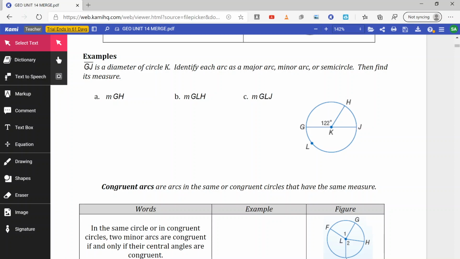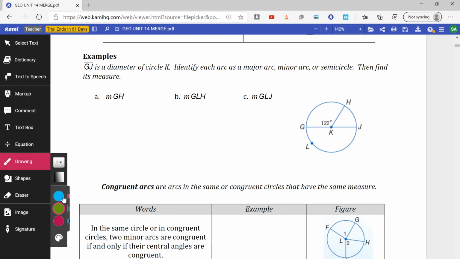There's no extra notation, so that means we have to find the measure of the arc from G to H. Fortunately for us, they gave us the angle measure of GKH, which is the same as arc GH. Therefore, it's going to be 122. Now, is this a minor, major, or semicircle? Well, it's a smaller arc, so it's going to be a minor arc.